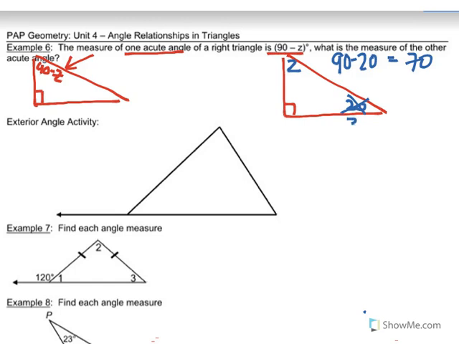Now, what if that angle was 30 degrees? Well, we would do 90 minus 30, and we would get 60, right? And then we try it again, and we try 40, and we do 90 minus 40 equals 50 degrees. Now, let's see what we notice.